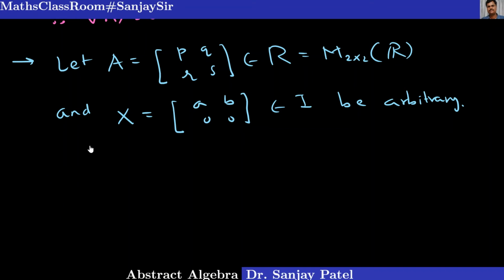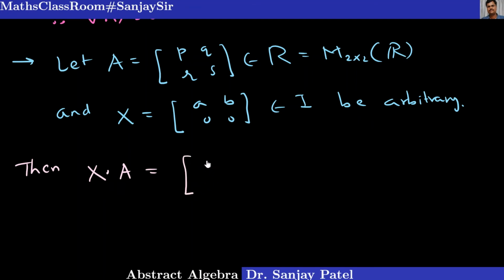So then if I consider X into A, I'm multiplying this element A, which is from the ring R, on the right hand side of this X, that is the right hand side of this dot.